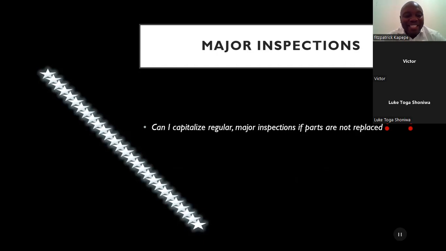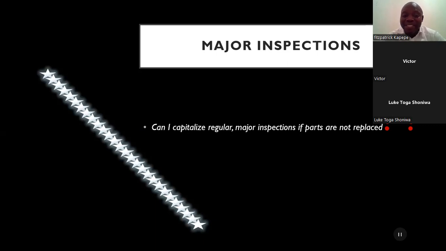If you do major inspections where substantial costs are incurred, even if you are not replacing a part, as long as substantial cost has been incurred in inspecting these particular assets, the standard allows you to capitalize. But you have to be consistent.